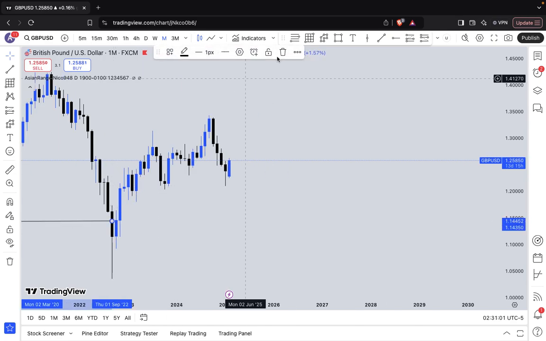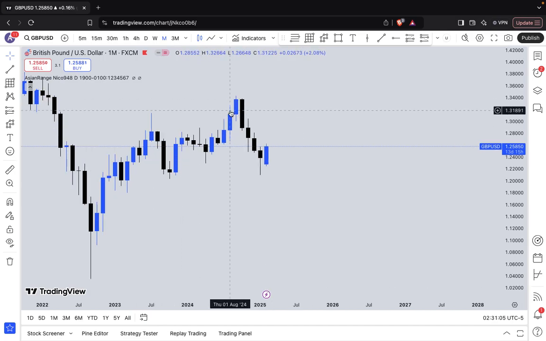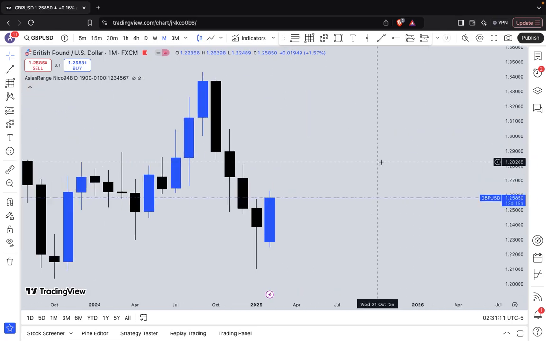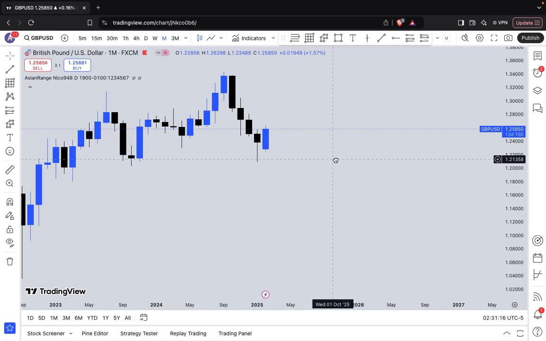So when price got there, we had been bearish for a long period of time. Now, how do I know that we will continue bearish, or how do I know that we're in a bullish move at this moment?